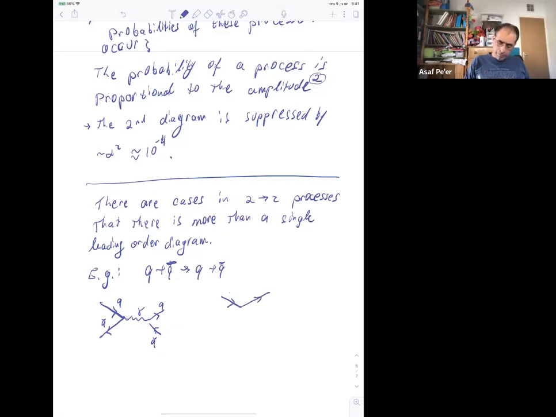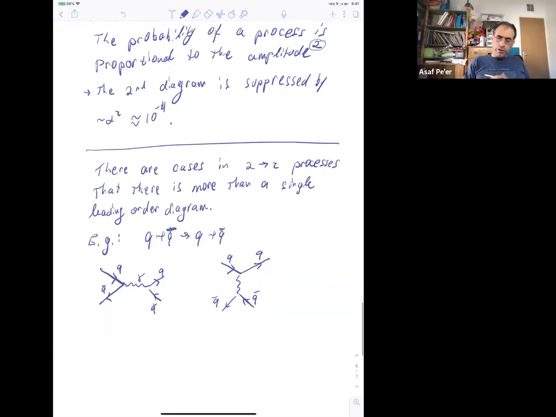Recall that we spoke about that in class. This is called the S channel. It's called the T channel.